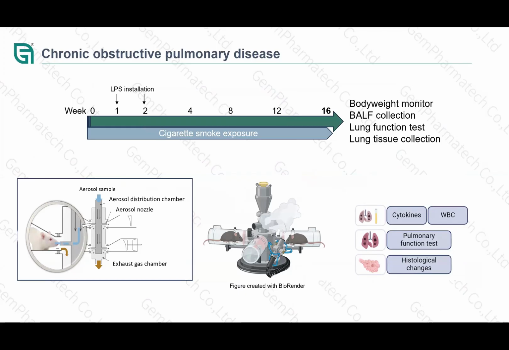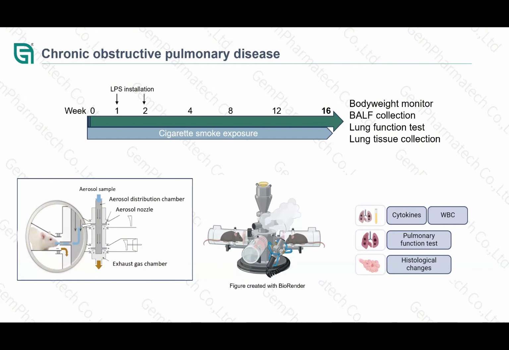Let's say if the mice were exposed to the smoke in a whole body chamber, it is probable that many cigarette particles will stick in the hair or skin or other parts of the body, and the mice will lick their hair, and so the cigarette smoke particles will get into the body by oral or skin absorption. That's what we don't want to see, because this absorption will cause whole body inflammation.